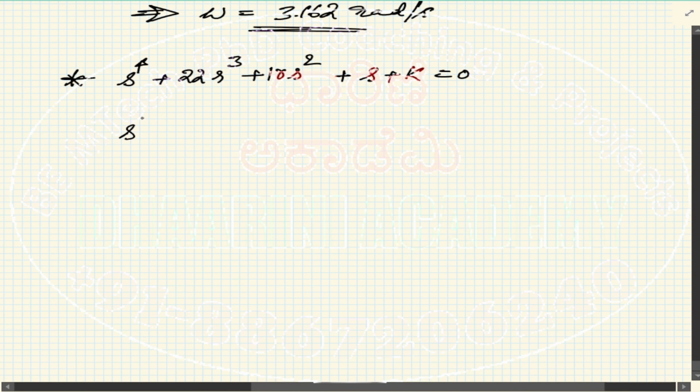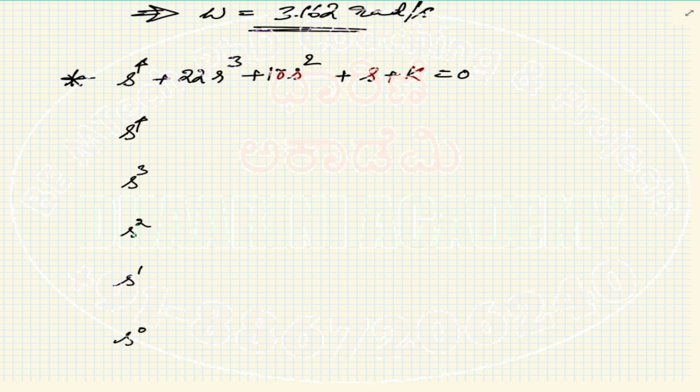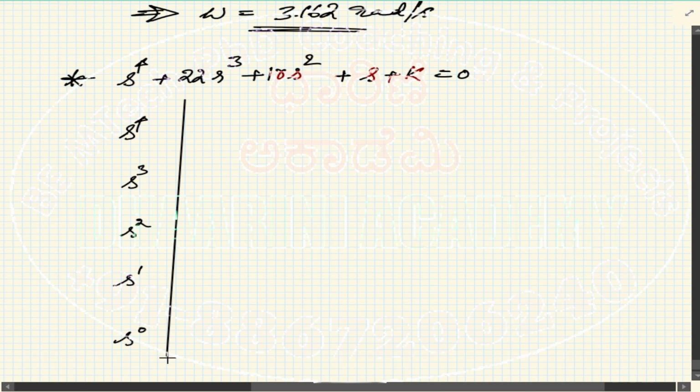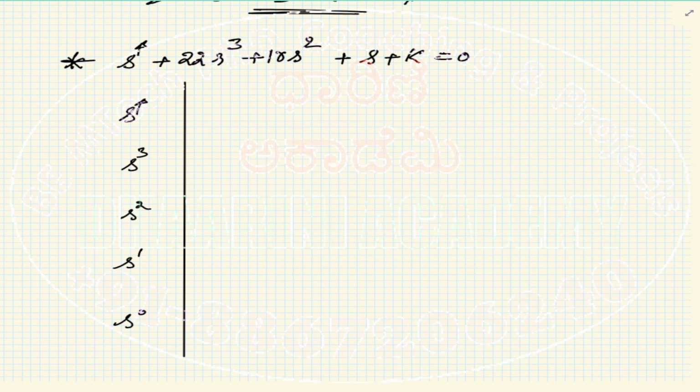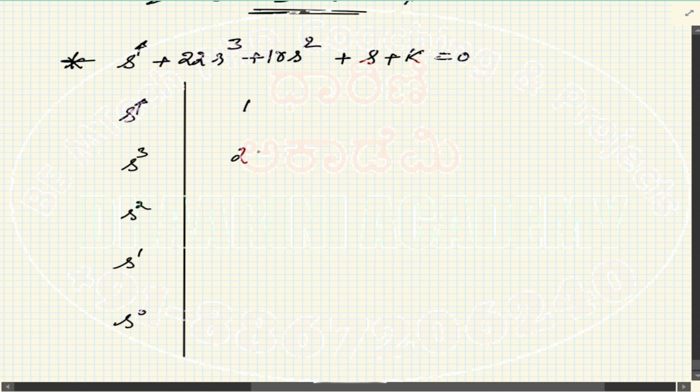So s to the 4, s cube, s square, s to the 1, s to the 0: 1, 22, 10, 1, k, 0.